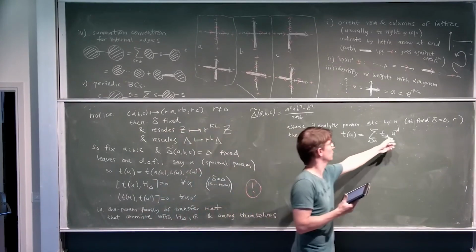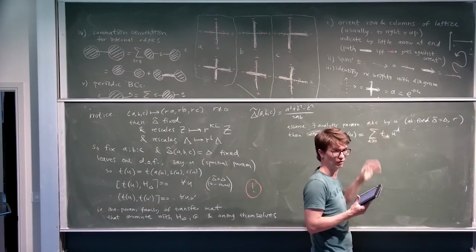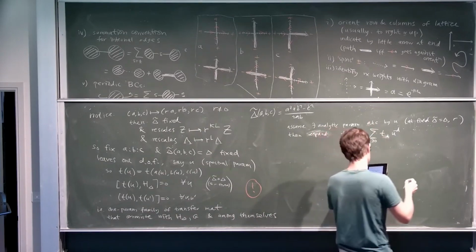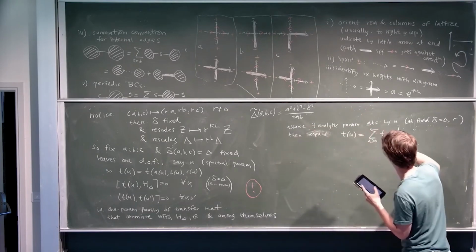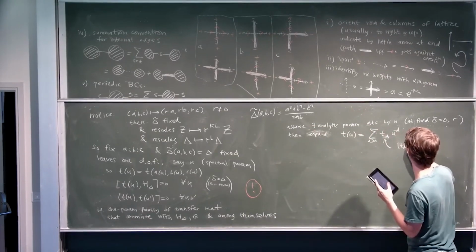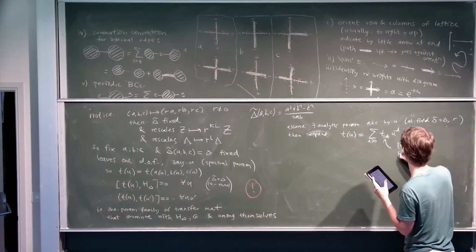It's going to expand as some series whose modes, whose coefficients, are just operators that no longer depend on this U. And then these T_k will all commute with H delta, and they will commute amongst themselves.